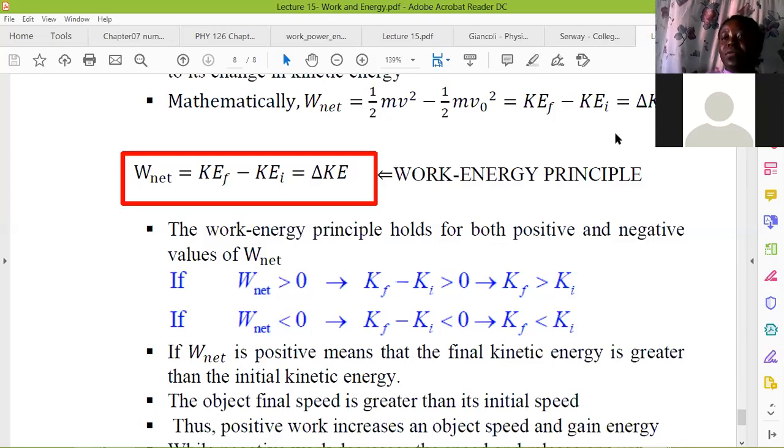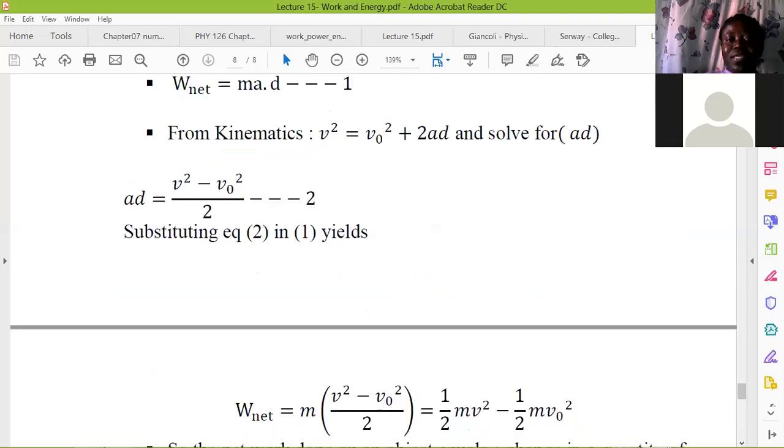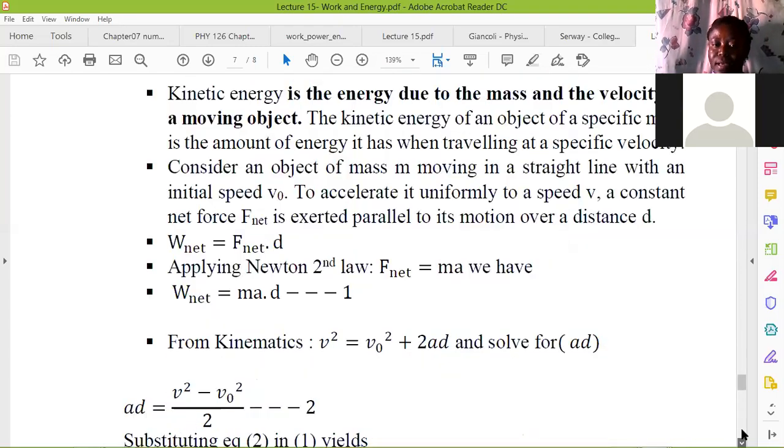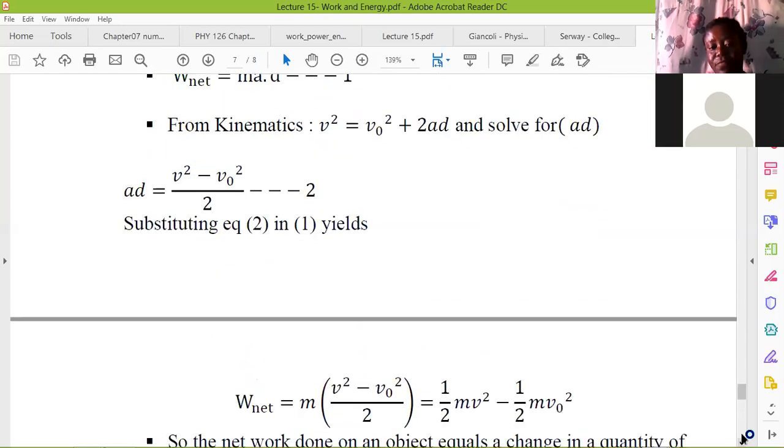If we look back at our diagram from when we defined energy, we said that if you have positive work, then the object speeds up. So the final speed of the object increases when you have positive work.